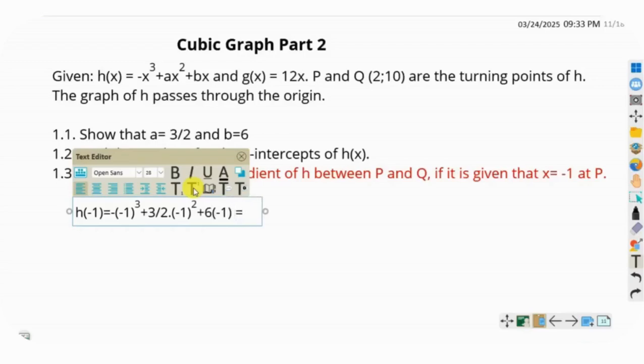negative 7 over 2, that is negative 3.5.